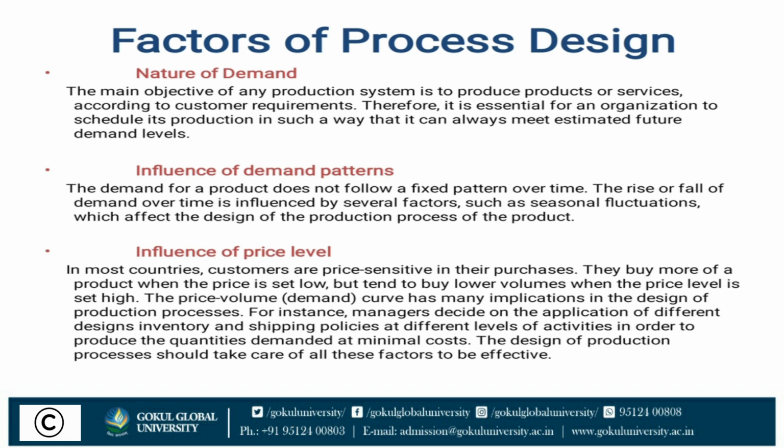The rise or fall of demand over time is influenced by several factors, such as seasonal fluctuations, which affect the design of the production process of the product. That means sometimes the same production process or the same pattern does not work because of the seasonal fluctuations. We have to change our process design as per season so we can easily achieve the goal in the market.